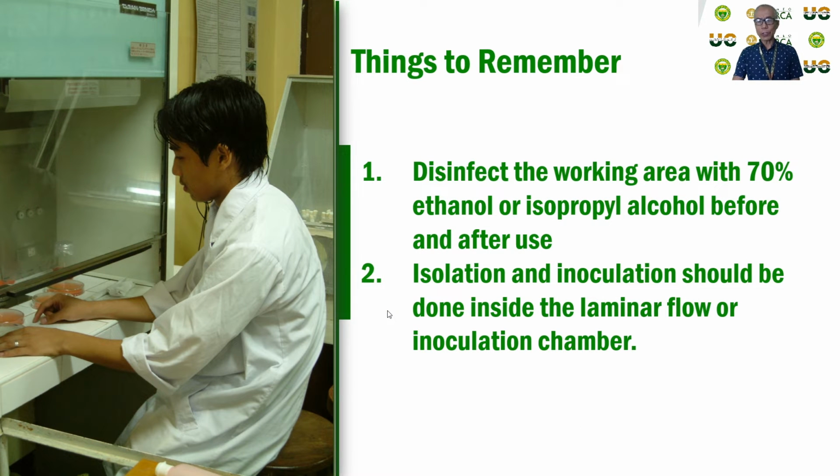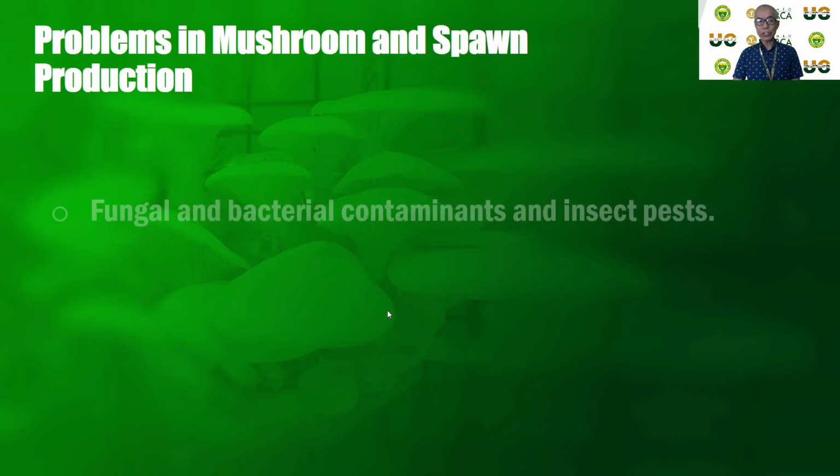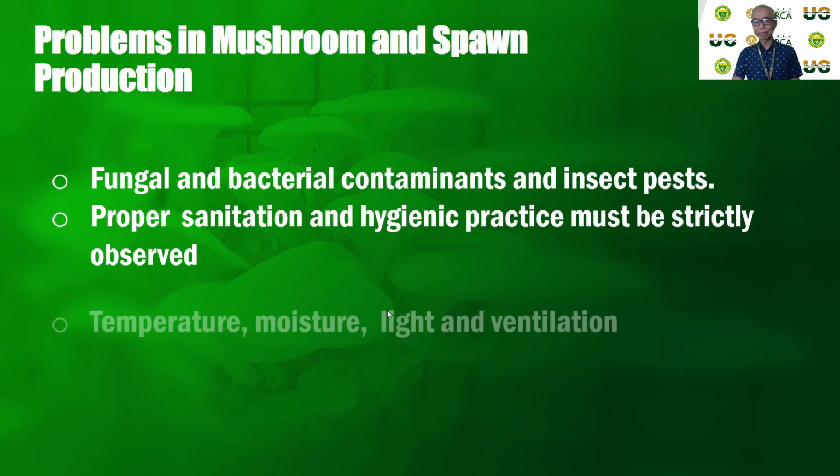When doing tissue culture and inoculation activities, always disinfect the working area with 70% ethyl alcohol or 70% isopropyl alcohol. This activity should be done inside the laminar flow or inoculation chamber.